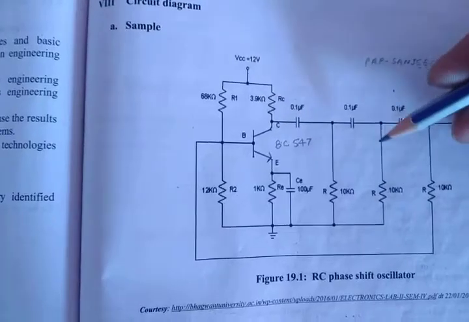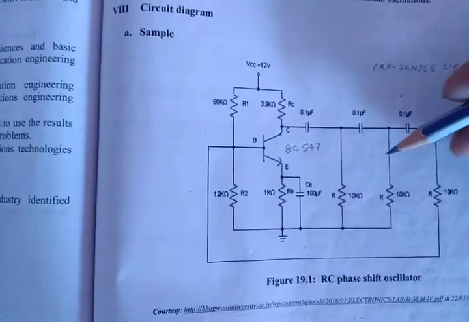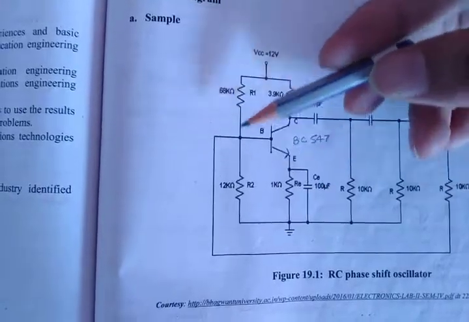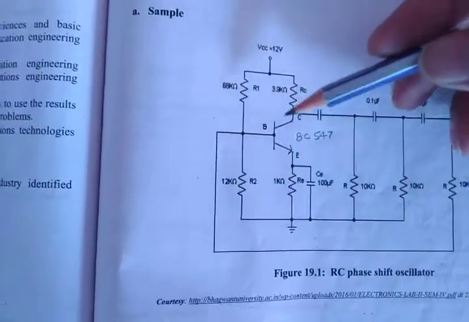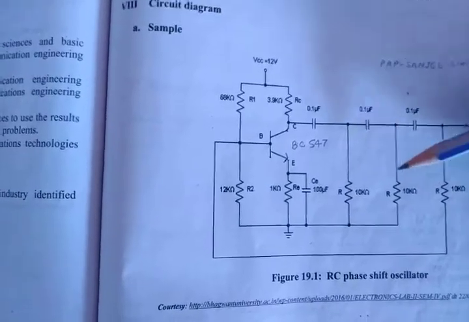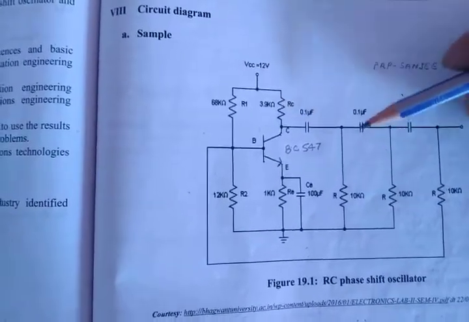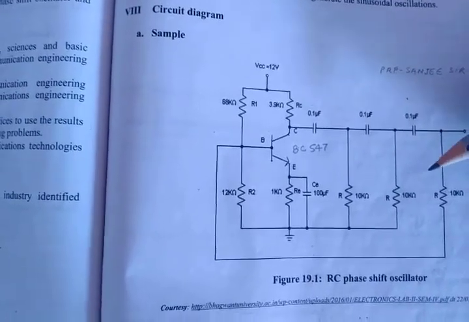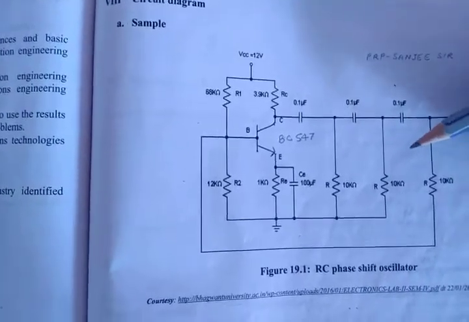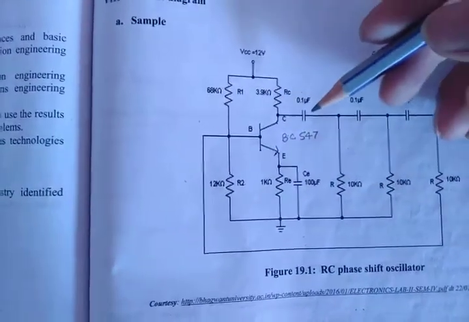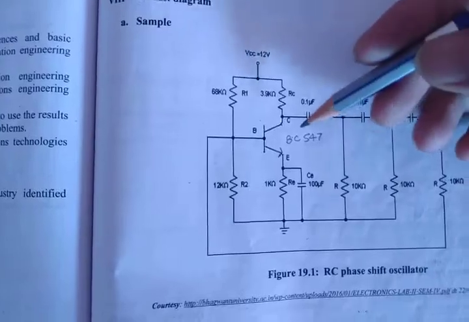This is the main circuit element, and oscillation requires an amplifier. So here we are making use of the CE amplifier and a frequency selective network. This RC network is the frequency selective network and is also serving as the feedback network, as positive feedback from the output to the input. So it is giving positive feedback. Why positive feedback?